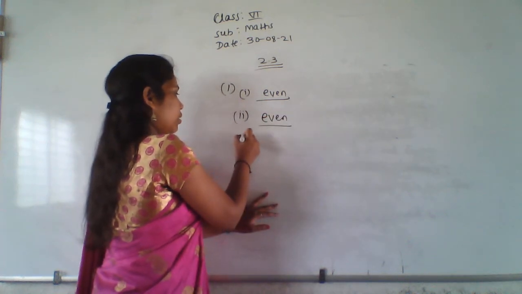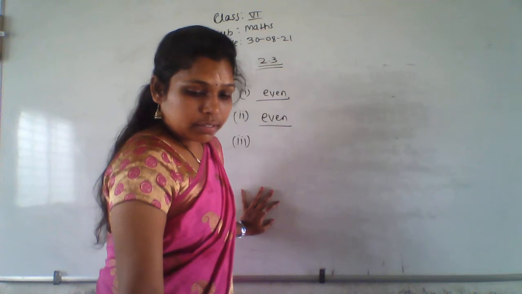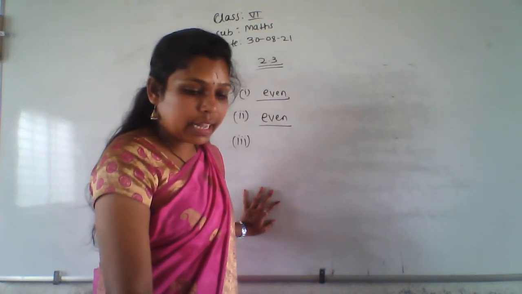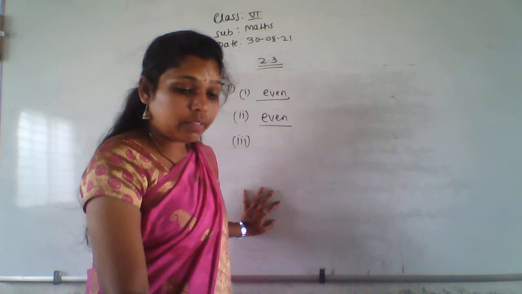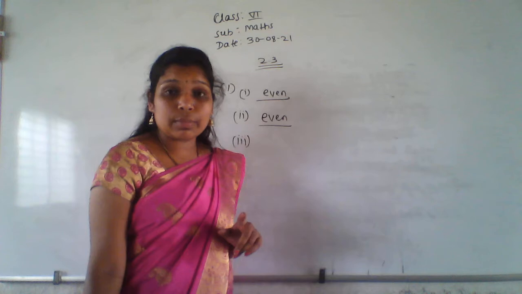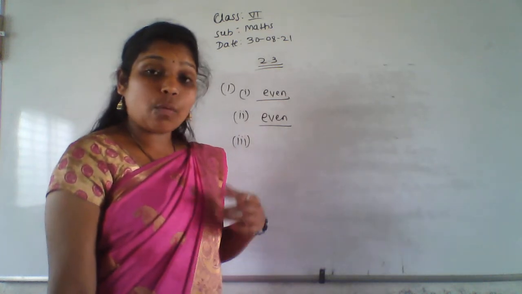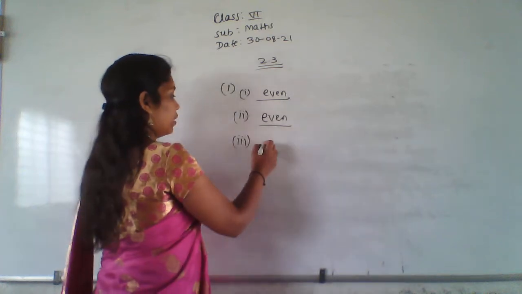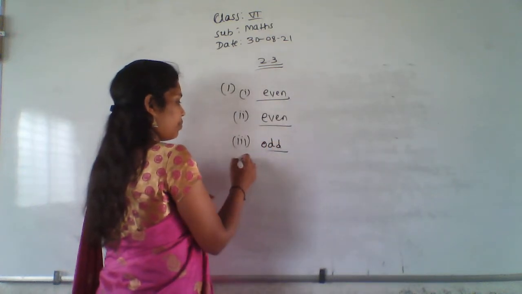Next, third one. The sum of an even and an odd number is always odd. If one number is even and one more number is odd, then one even plus one odd must always be an odd number. Fourth one.